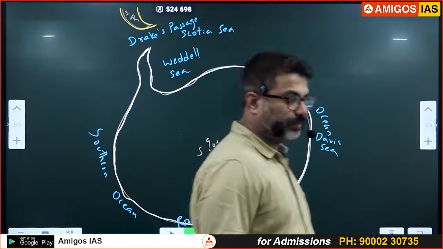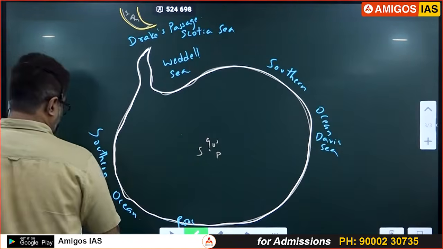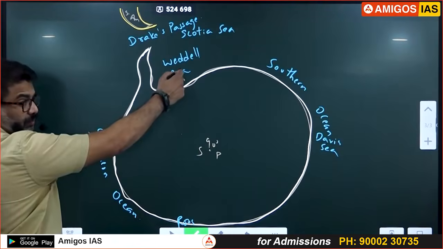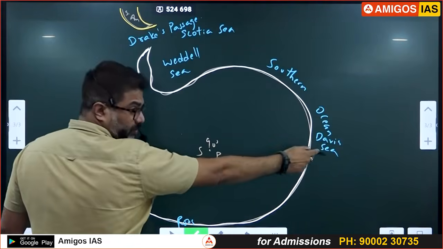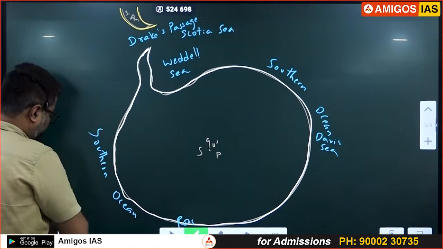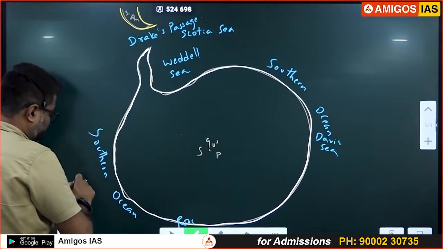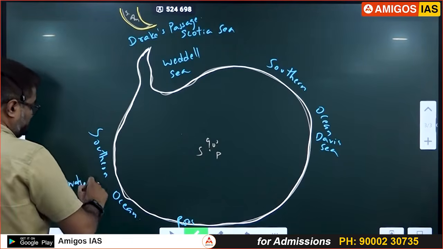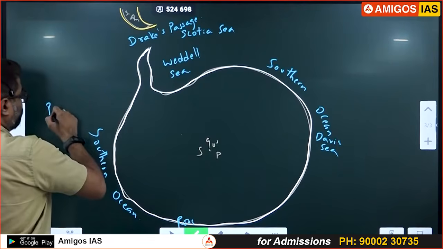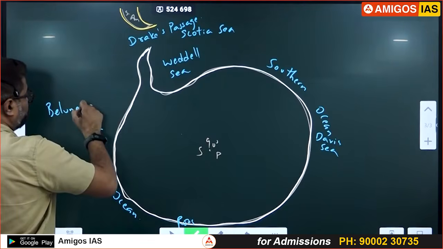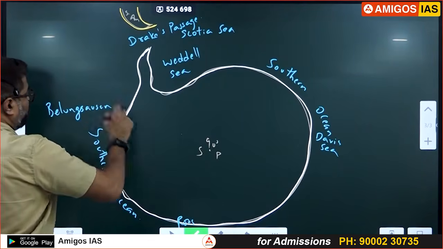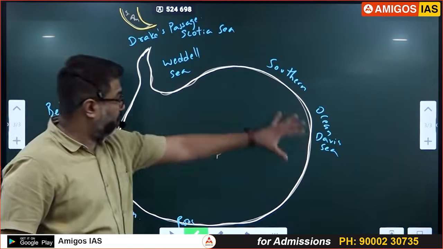Amundsen and all. Okay. Weddell Sea, Davis Sea, Ross Sea. Okay. Amundsen Sea, Bellingshausen Sea. All these are the surrounding water bodies of Antarctica.